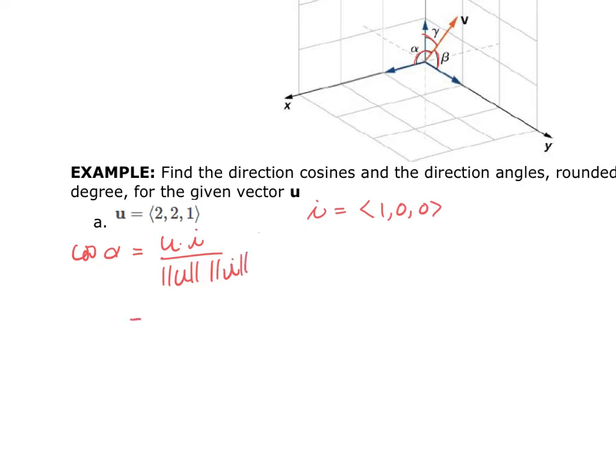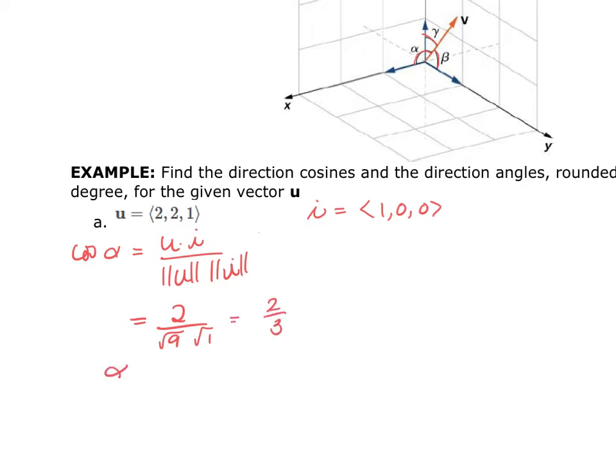All right. So when I do this dot product in the numerator, I'm going to end up with 2. And the magnitude of u in the denominator is going to be the square root of 4 plus 4 plus 1, square root of 9. And the other one is going to be the square root of 1, because it'll be 1 plus 0 plus 0. So I end up with 2 over 3.